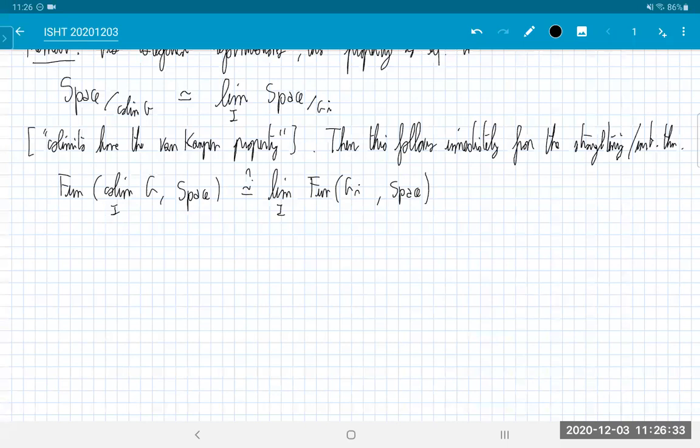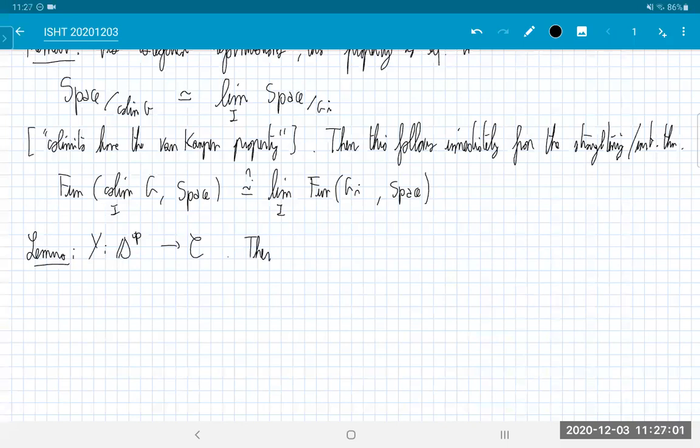I'll need another lemma, a technical lemma, to prove the theorem. Actually, I'm probably only going to be able to prove the first part of the theorem, but that's okay, because that's the important part. We're going to see how to get the rest. So the other lemma is, suppose you have a simplicial space, or actually a simplicial object in any category.